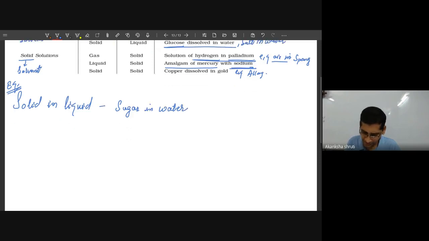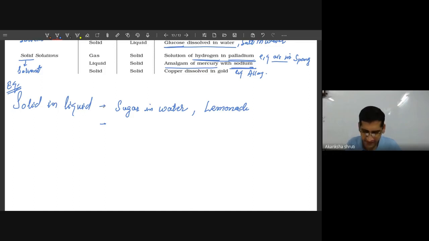Okay, student. So sugar in water, the lemonade that you are taking. The other important example, if we are adding some salt, it is also solid in liquid.